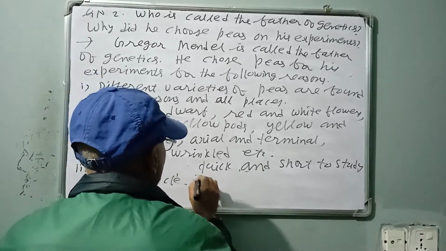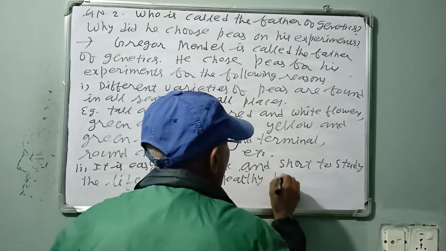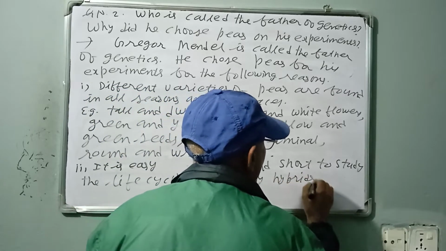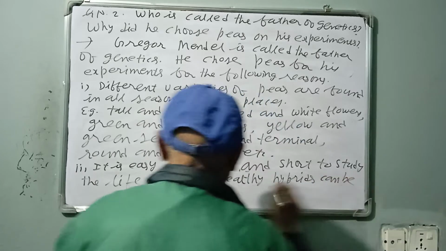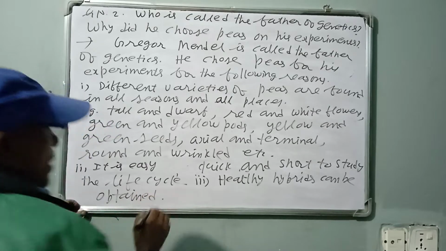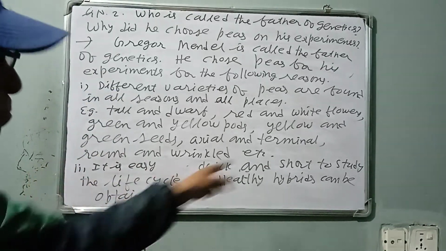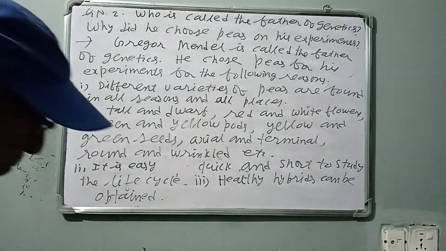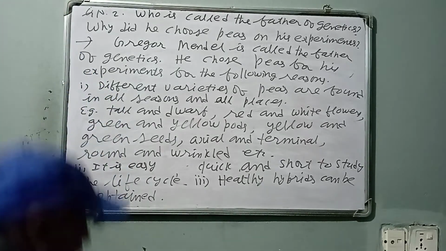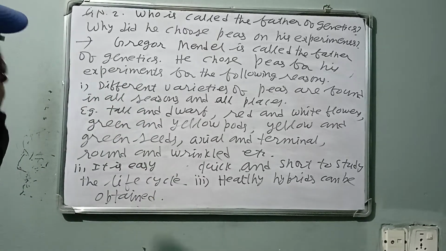Another, healthy hybrids can be obtained. The hybrids obtained are healthy and all the characters are transferred. They are the main reasons why he chose peas and not others.